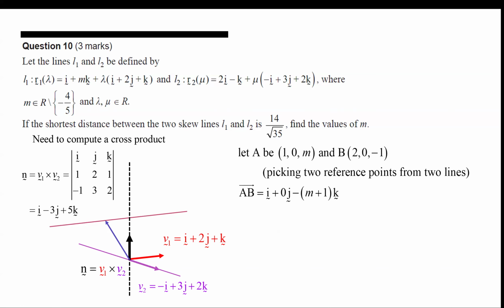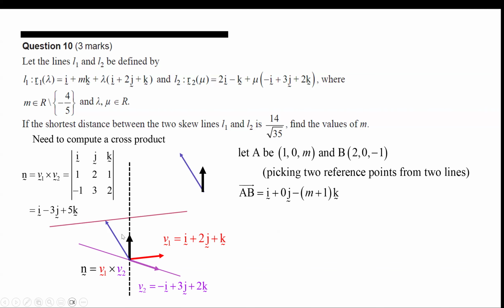Okay? And to find the connecting vector, we need to take a difference, b minus a. So 2 minus 1 is 1, 0 minus 0 is still 0, and minus 1 take away m is minus m minus 1. So it's minus bracket m plus 1. So this is my vector AB here.